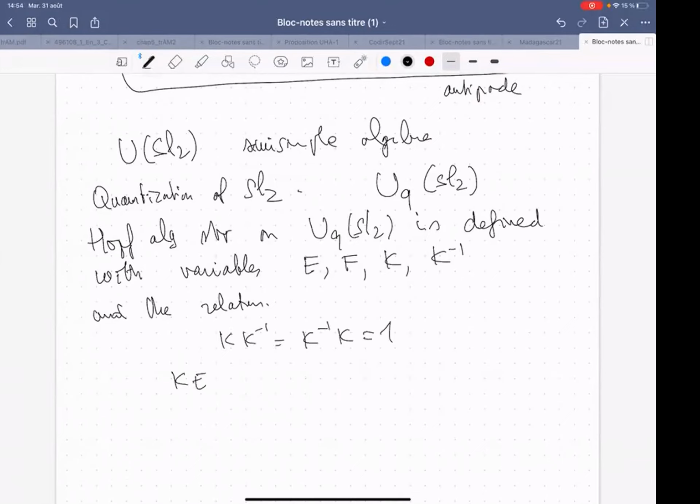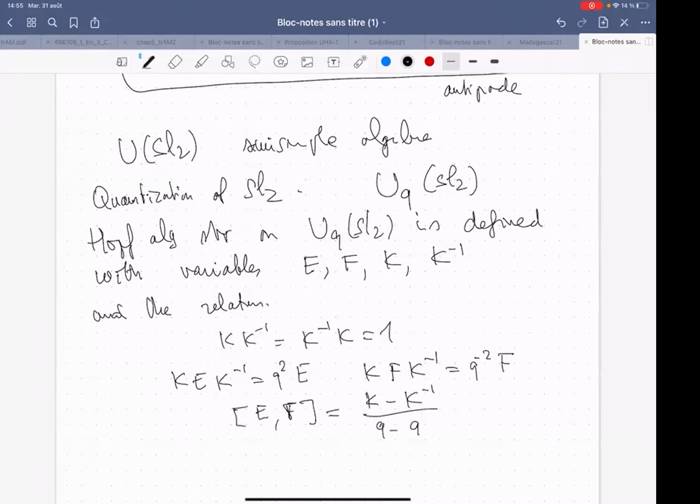K E K inverse is q squared E, and K F K inverse is q to the minus 2 F, and the bracket of E and F is K minus K inverse over q minus q inverse.